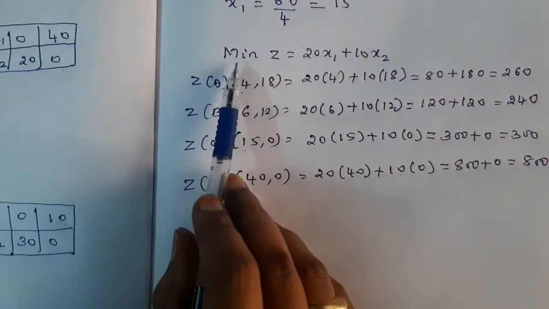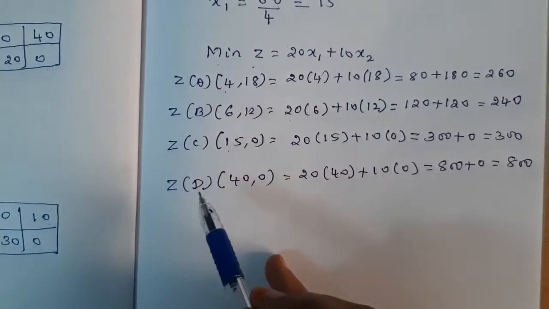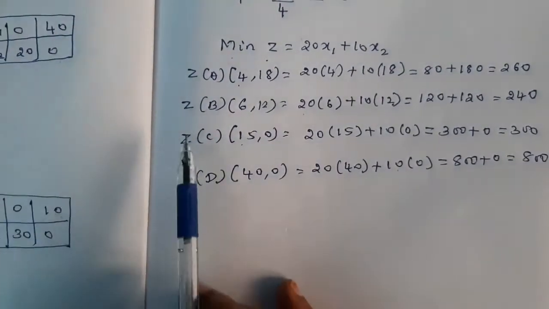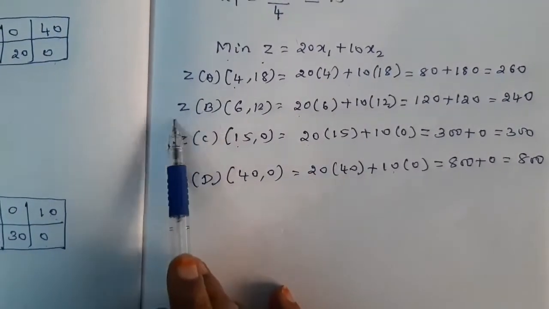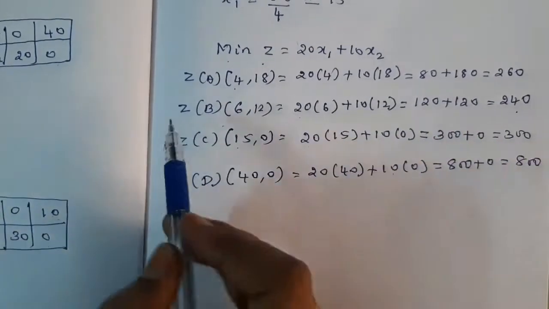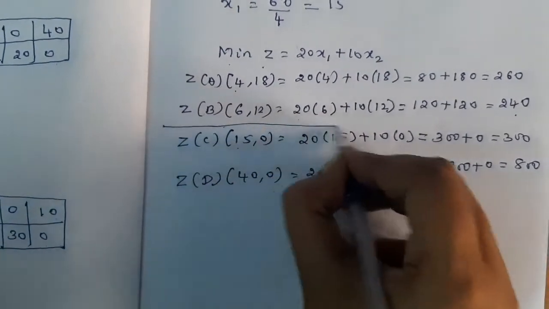Now our problem is a minimization problem. So among all the corner points, check which corner point has the minimum value. Here at point B, z of B, we have got 240. This is our optimum solution for z.